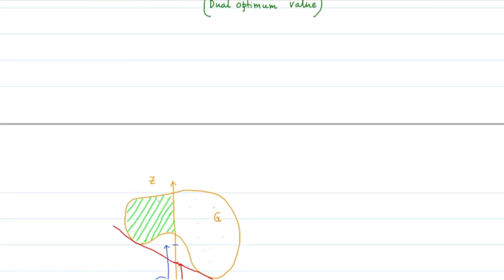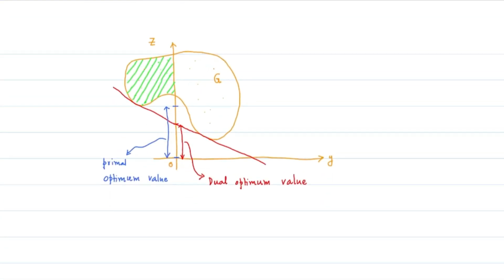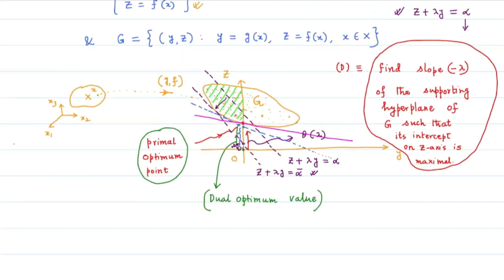But for a non-convex part, like if the lower part is the surface of a non-convex function, then there must be a gap between the primal and the dual objective function values. This gap, the difference between the primal and the dual objective function value, is known as the duality gap.